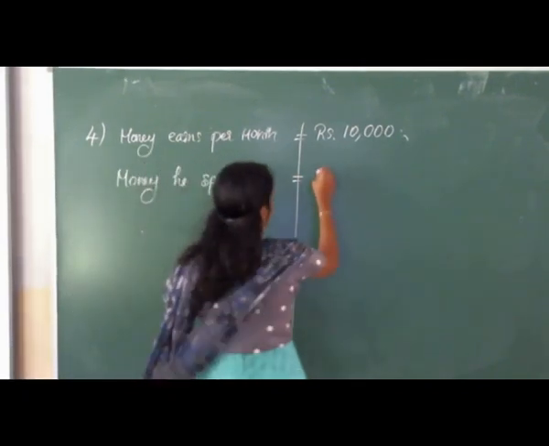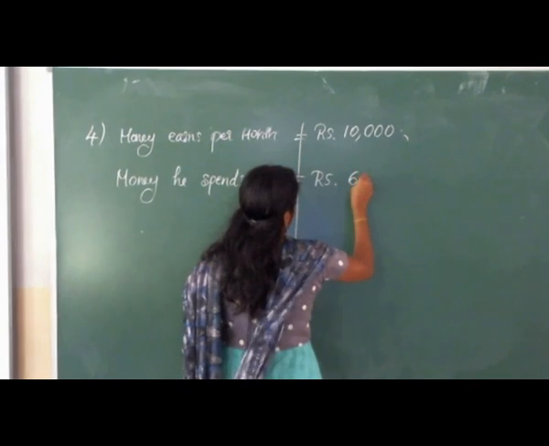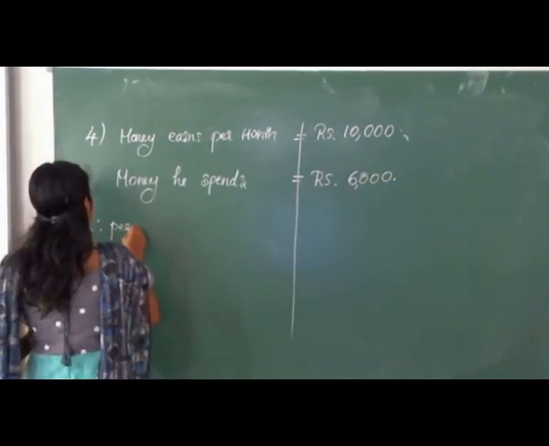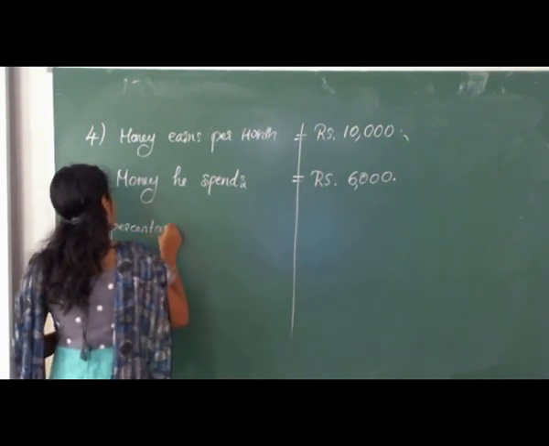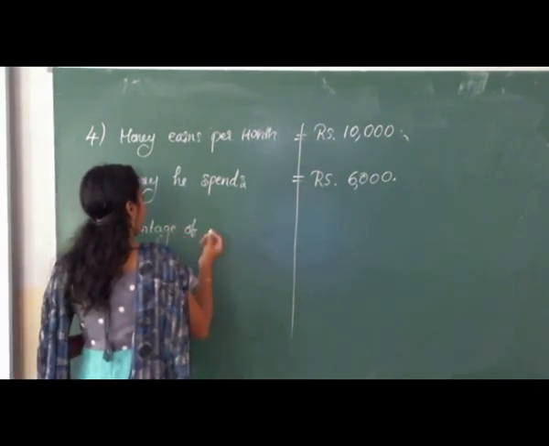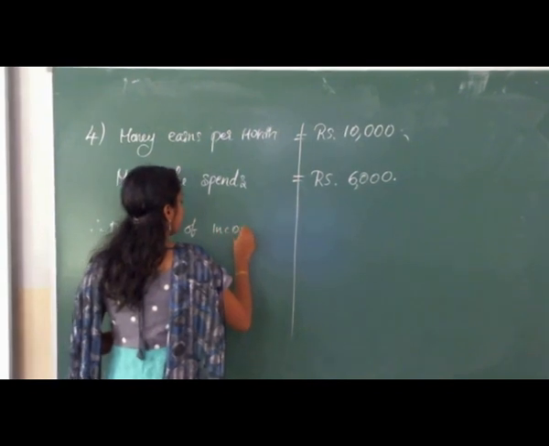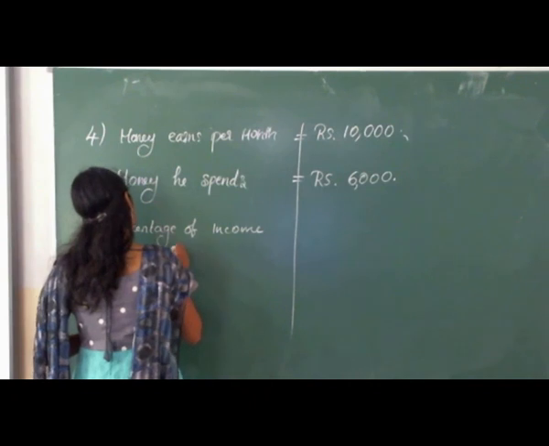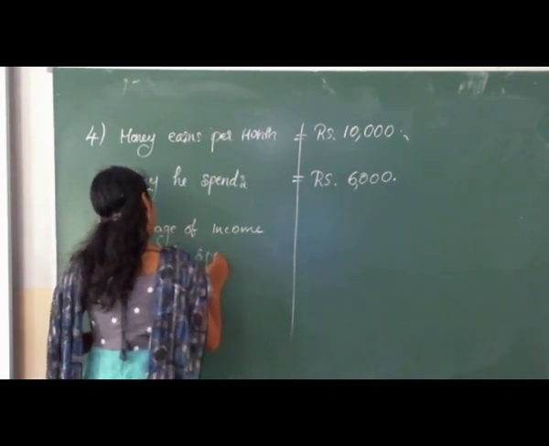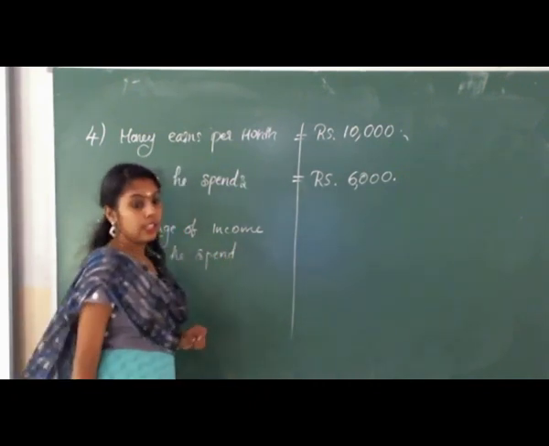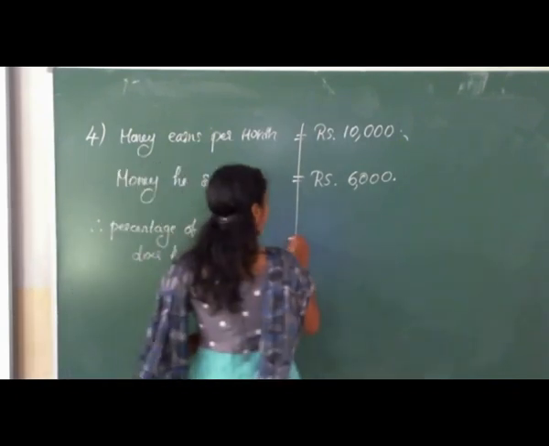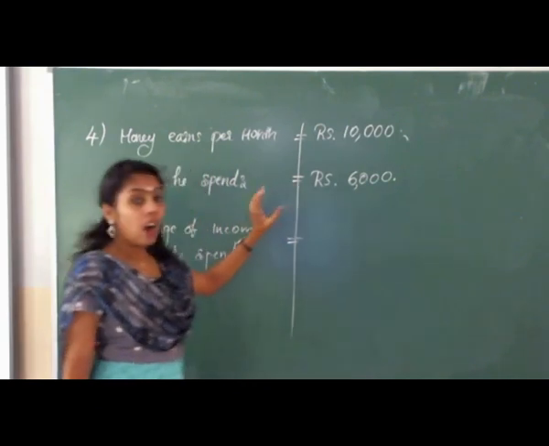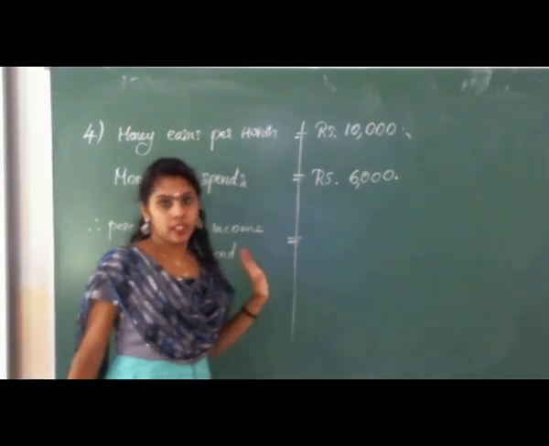Rupees 6,000. What we have to find out? Therefore, what percentage of income does he spend? 6,000 out of 10,000 he spent, isn't it?